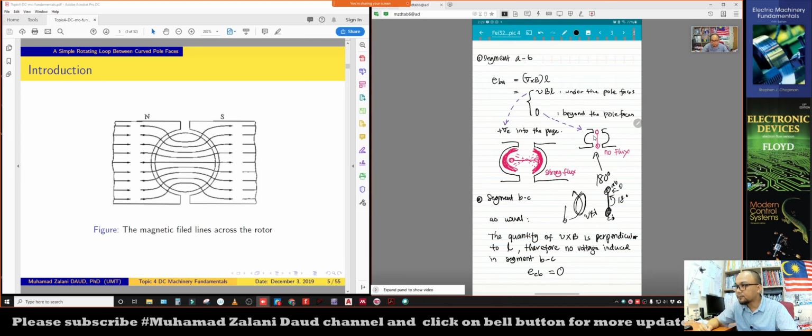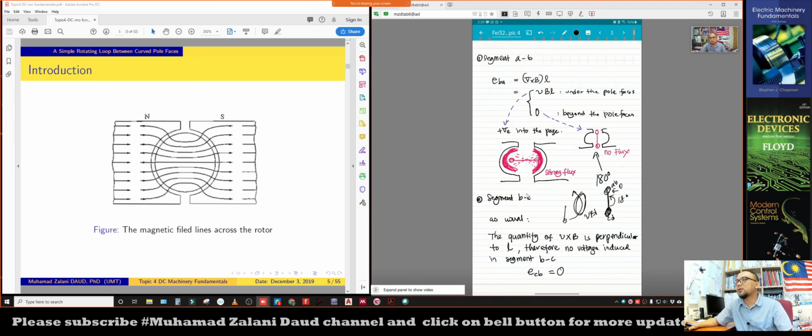So at this instant, the AB segment voltage is 0. As you can see here, there is no flux at this top and bottom segment. So when the AB segment reaches this area, no flux will be cut, and there is no induced voltage at that moment. So we can say that at 180 degree and 0 degree instants, the induced voltage across AB, which is EBA, is 0, except under the pole faces. Under the pole faces, the induced voltage is VBL.